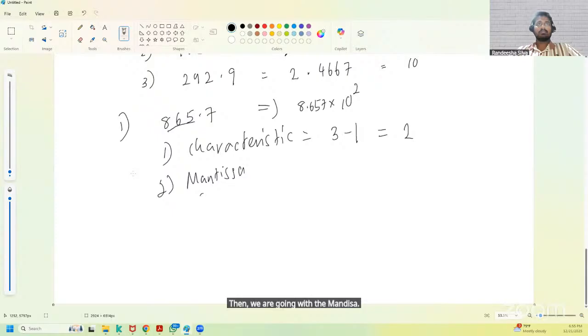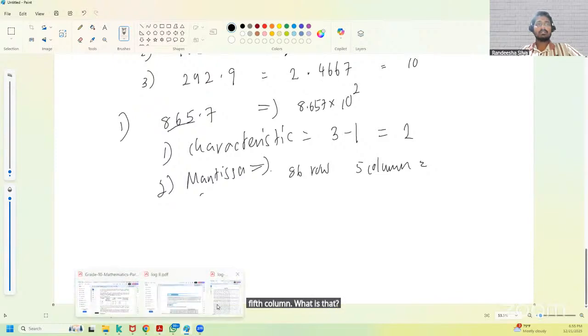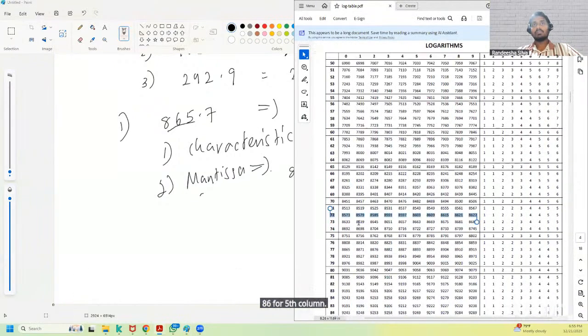Which means the same thing we have been doing. 86 row, fifth column. What is that? 86 here, fifth is here.